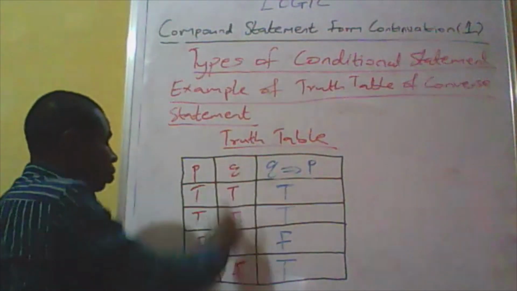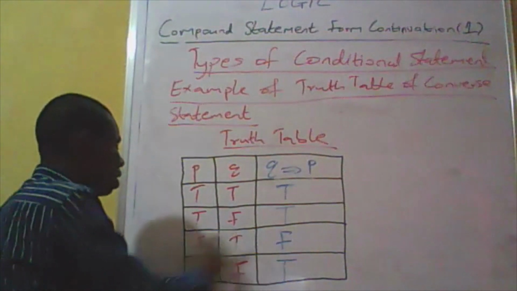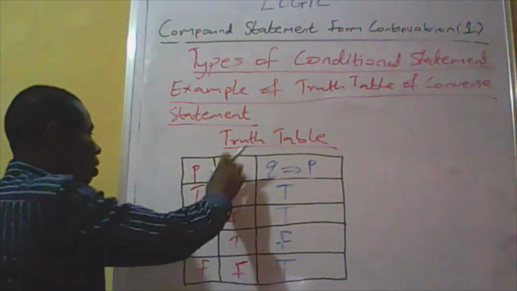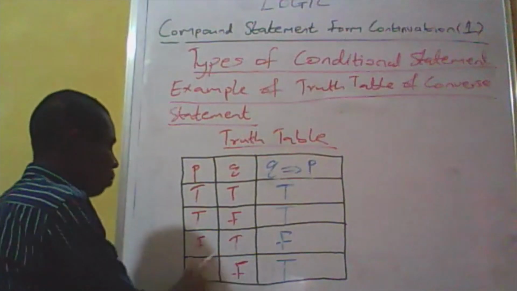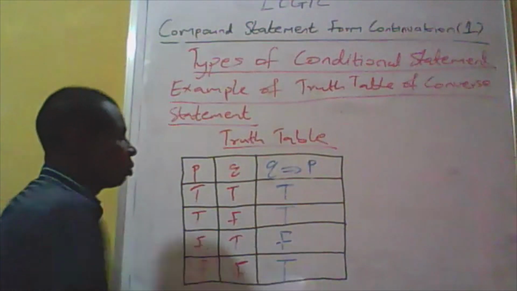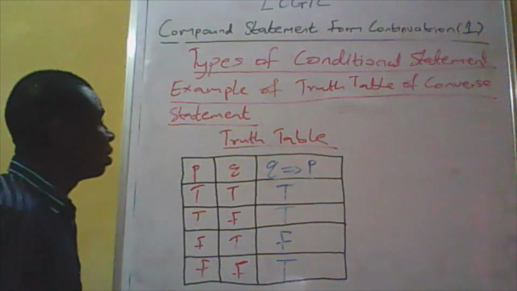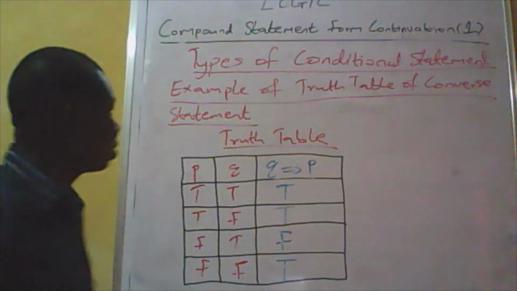Q assigns to T, P assigns to F, that means T implies F will give us F. Then here Q assigns to F, P assigns to F, that means F implies F is T. So that is our truth table for conditional statement. Let's go to the inverse statement.